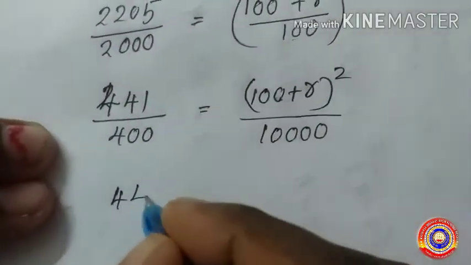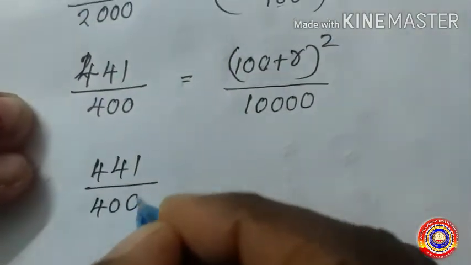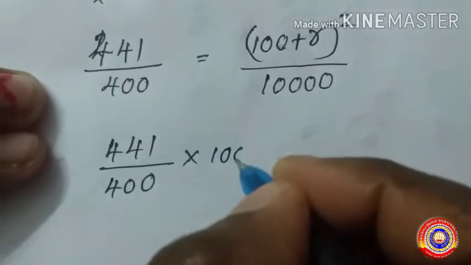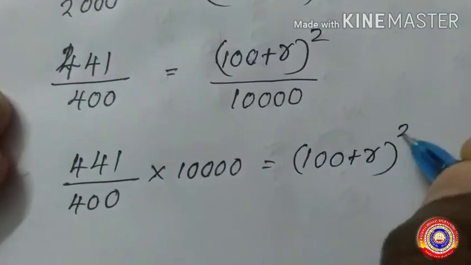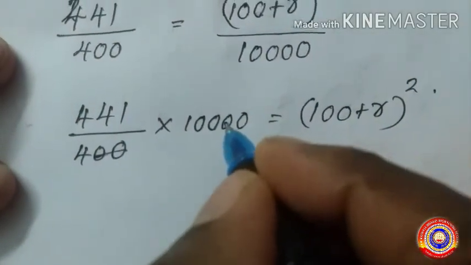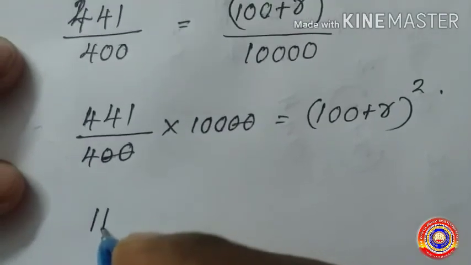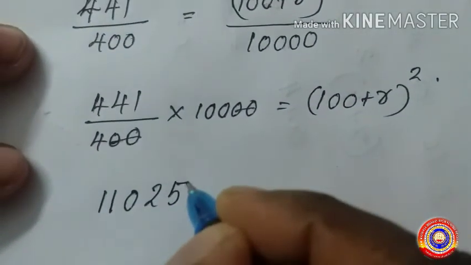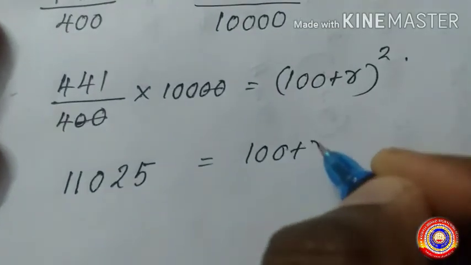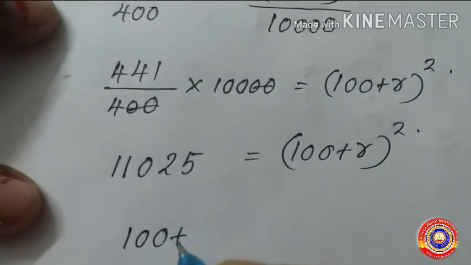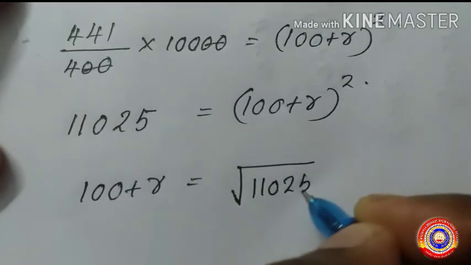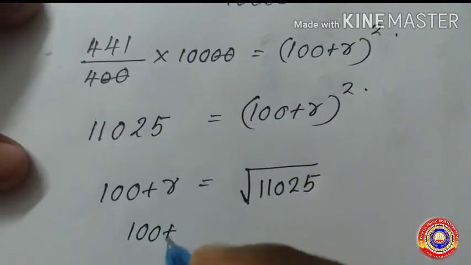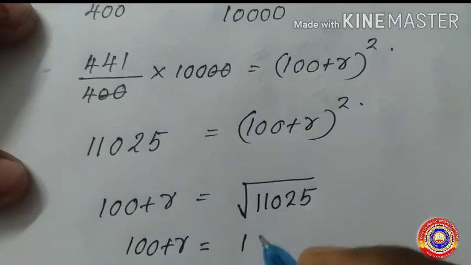Next, 441 by 400 into 10,000 equal to 100 plus r the whole square. Simplifying this equation, we get 11,025 equal to 100 plus r the whole square. So 100 plus r equal to root of 11,025. That is equal to 105.